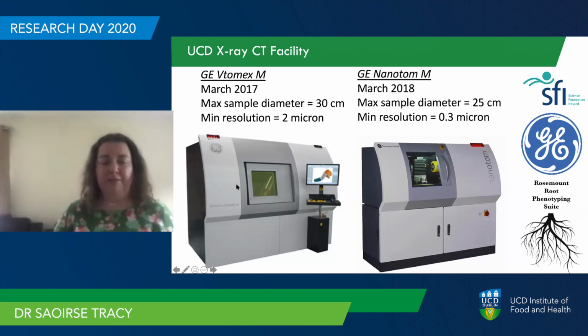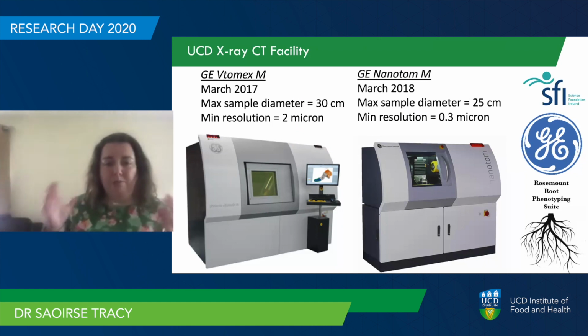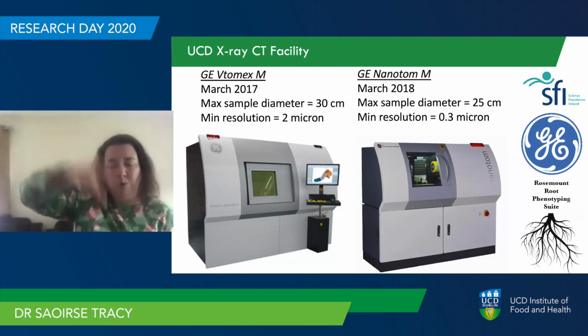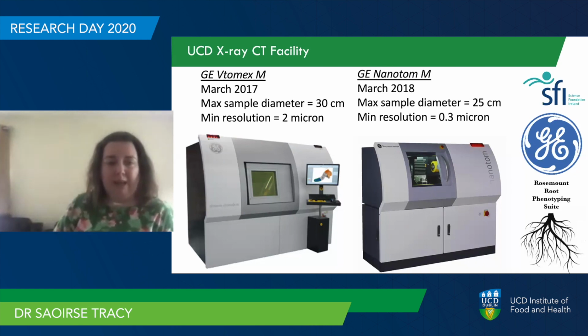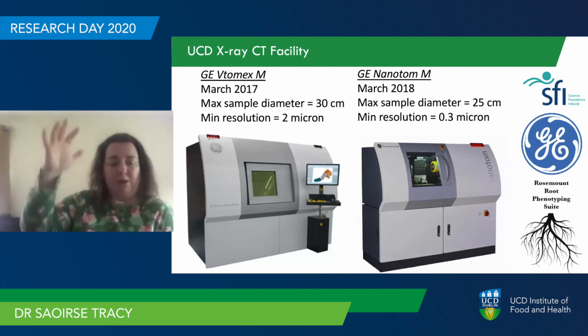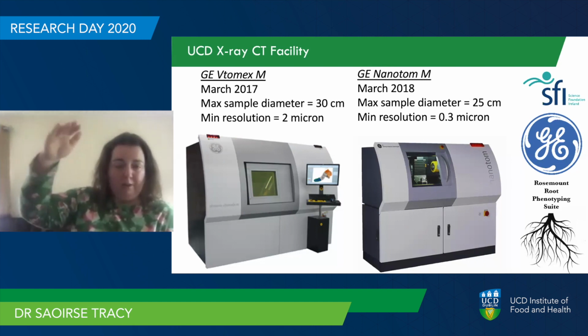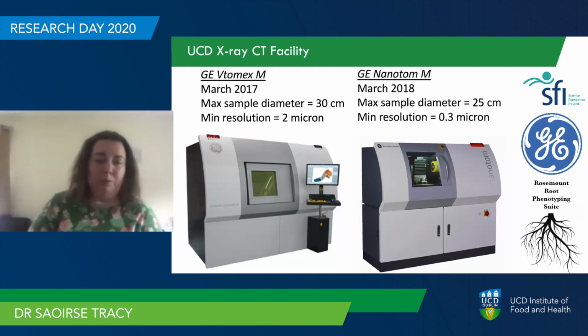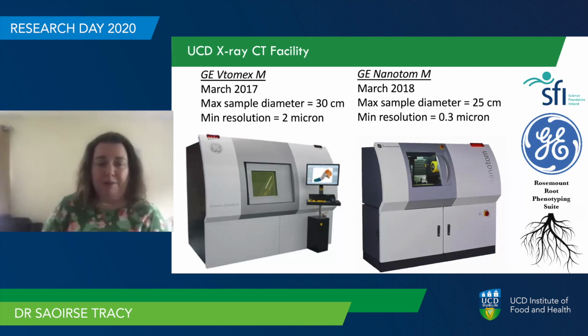It can fit quite large samples, maybe it says 30, but probably really more like 20 centimeter diameter maximum, and we can do multiple scans, so we can have quite tall cores. So we've scanned, say, sediment cores or peat cores that are over half a metre long, and we can take multiple scans, but we can still get high resolution images.